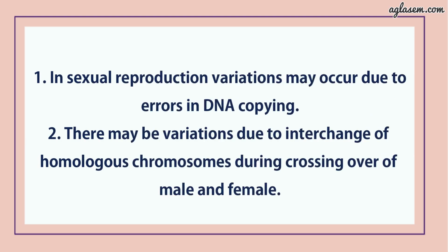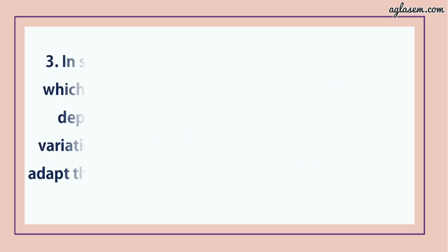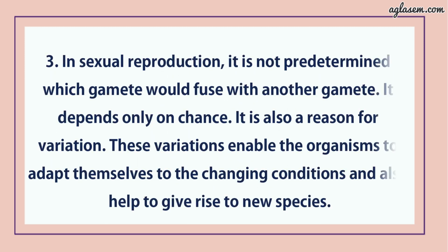First, in sexual reproduction, variation may occur due to errors in DNA copying. Second, there may be variation due to interchange of homologous chromosomes during crossing over. Third, in sexual reproduction, it is not predetermined which gamete would fuse with another gamete. It depends only on chance. It is also a reason for variation.